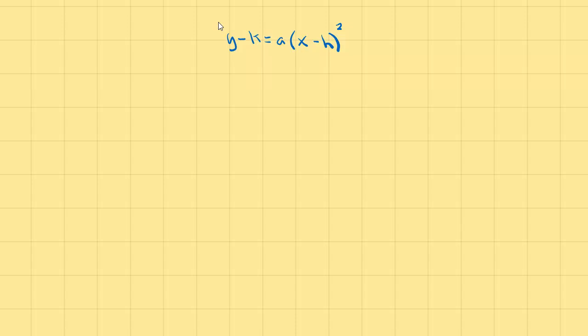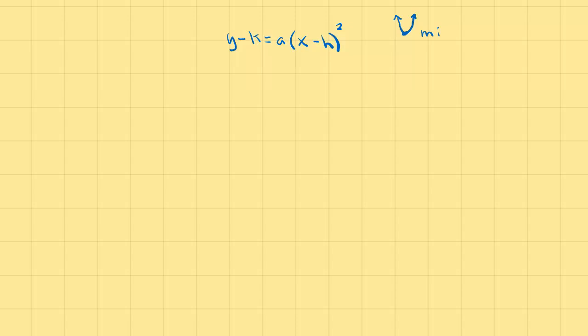But for the purposes of finding a maximum or minimum value, all we're really interested in is whether a is positive or negative. Okay, and today I'm going to go over an example of a case where a is negative. So let me just draw a little picture of this. If a were positive, the parabola would point upward, and the vertex would be a minimum point.